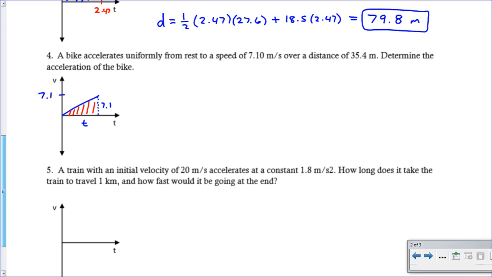So we know 1/2, because it's a triangle, 1/2 base times height, 1/2 times 7.1 times t equals 35.4. And solving that for t, you should get that t equals 9.97 seconds.